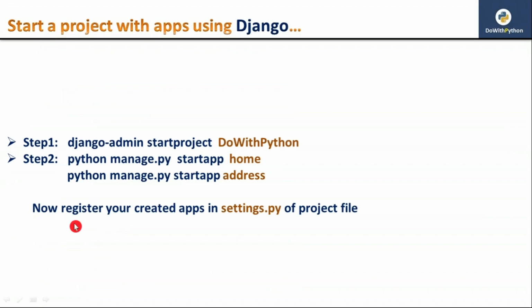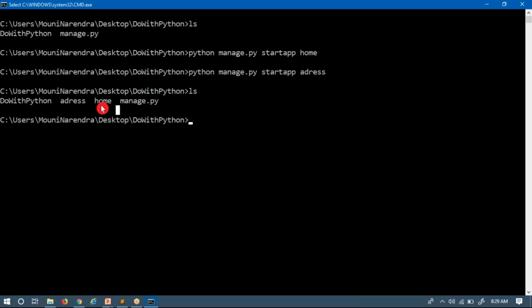You have to register your created apps in the settings.py project file. We just created home and address. Once you create any apps, you must register the app's name in the settings.py of your project, which is in the DoWithPython directory.